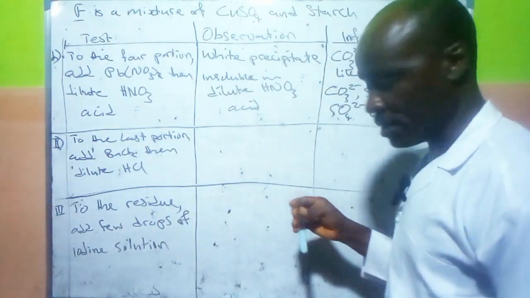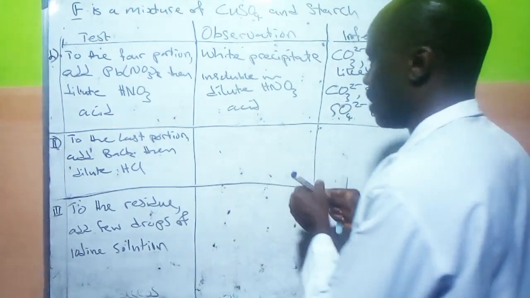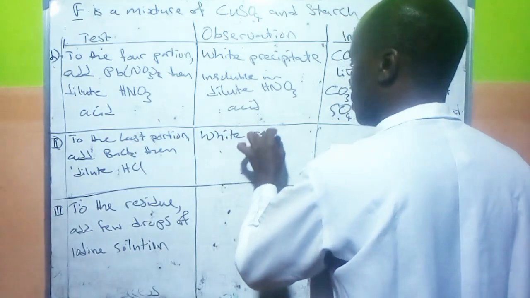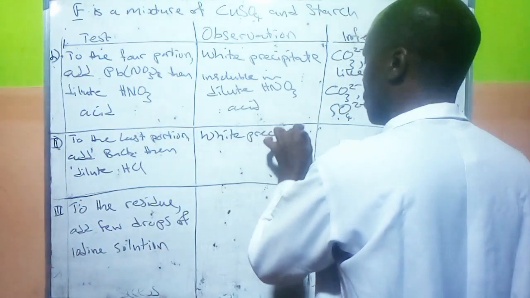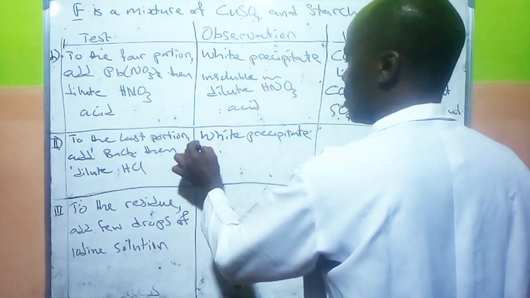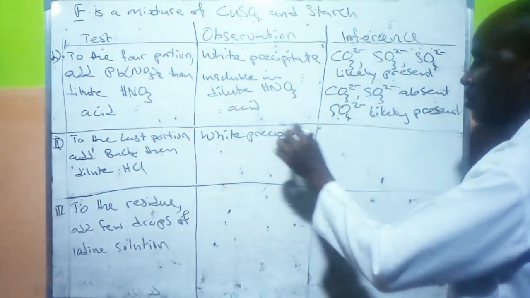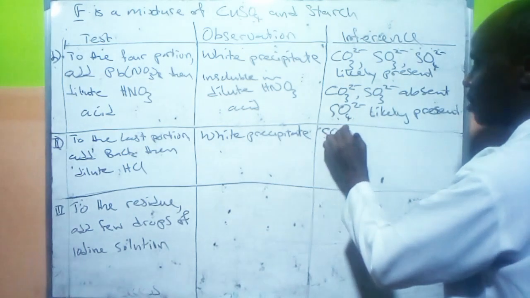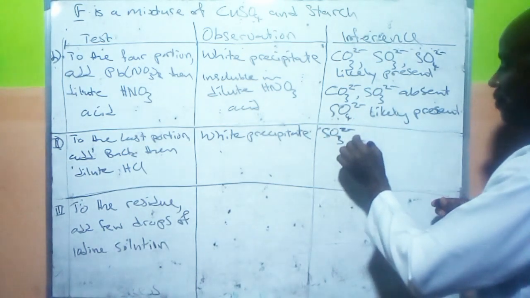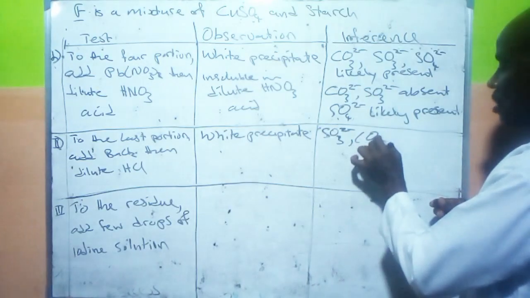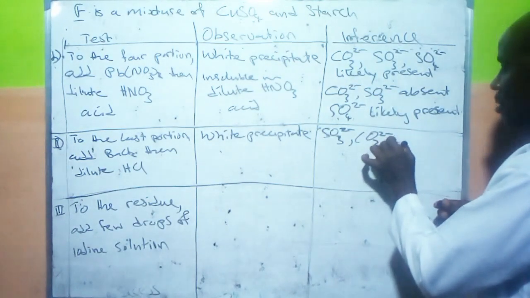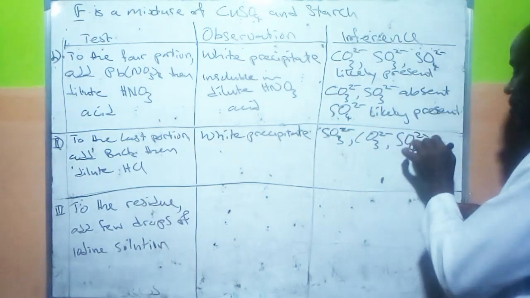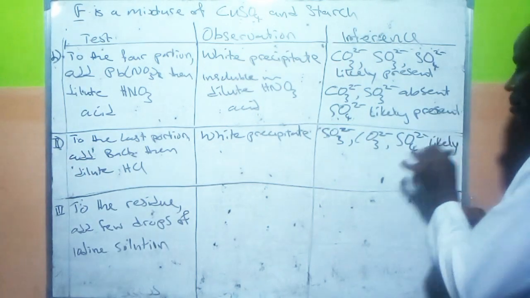So because it's a white precipitate, it means also the same thing: triazosulfate 4 ion, triazocarbonate 4 ion, and tetraoxosulphate 6 ion likely present.